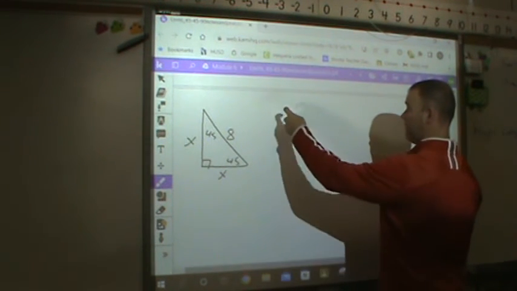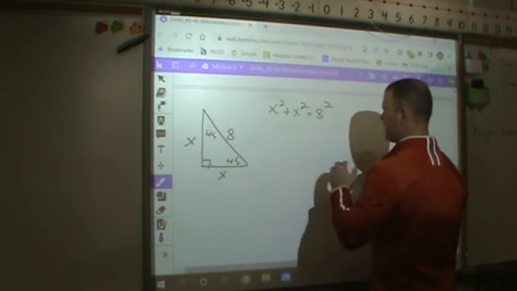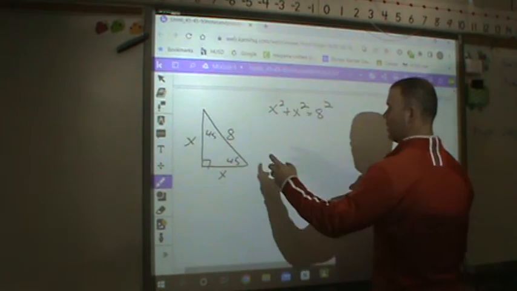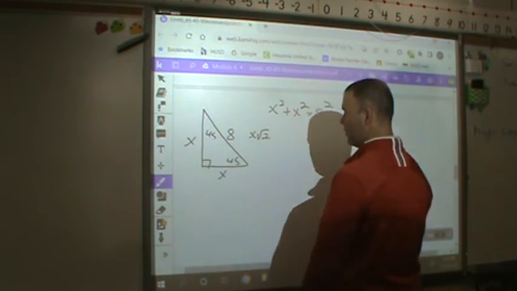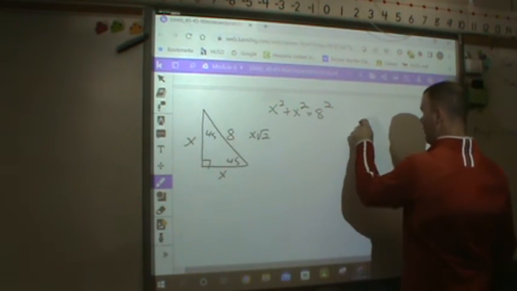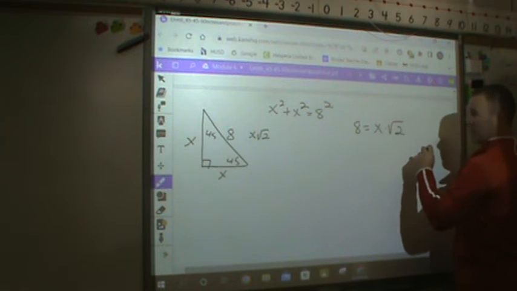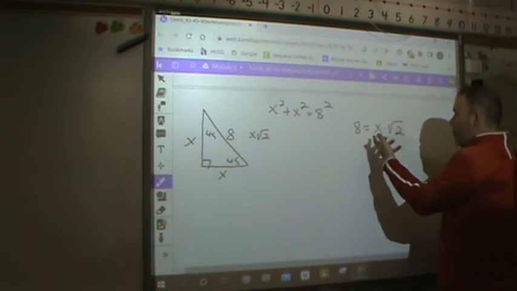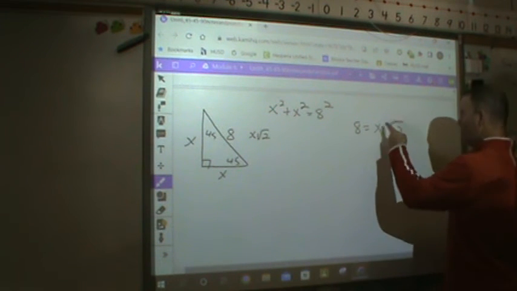We could use Pythag, all right? X squared plus x squared equals 8 squared. But why do we need to do that? If we know that we have x, x, and x square root of 2, if this is our ratio, our relationships, if 8 is equal to x times the square root of 2, then how do I determine what the leg is?